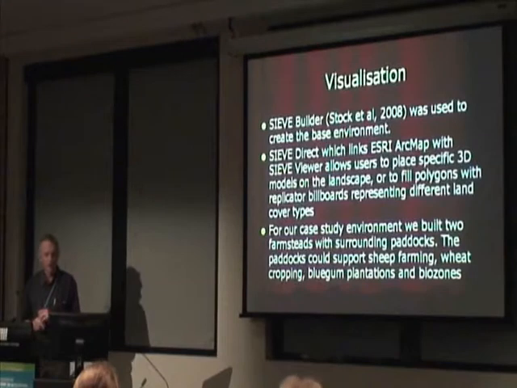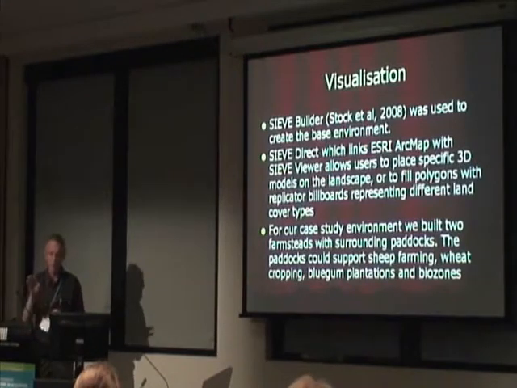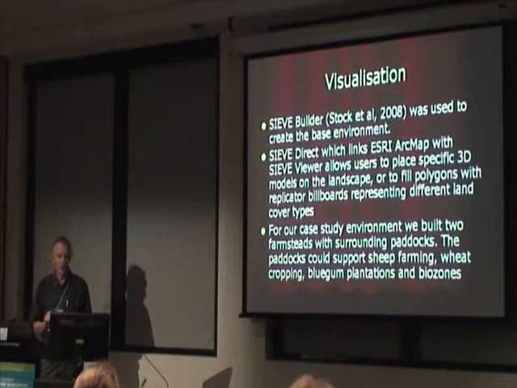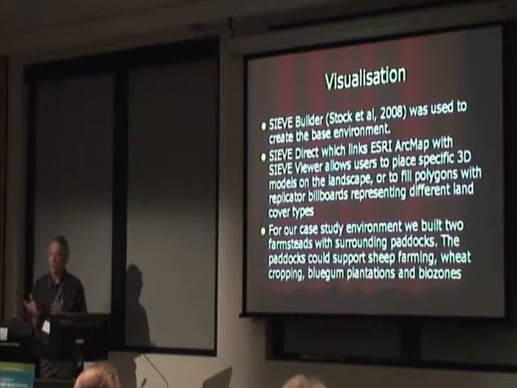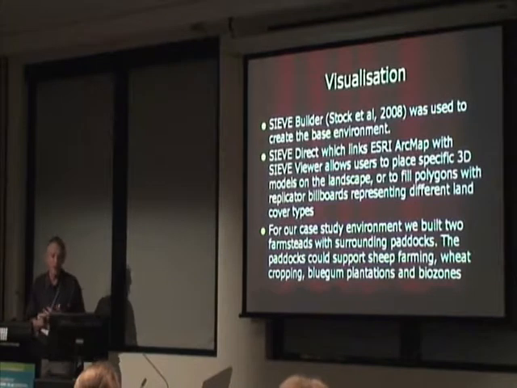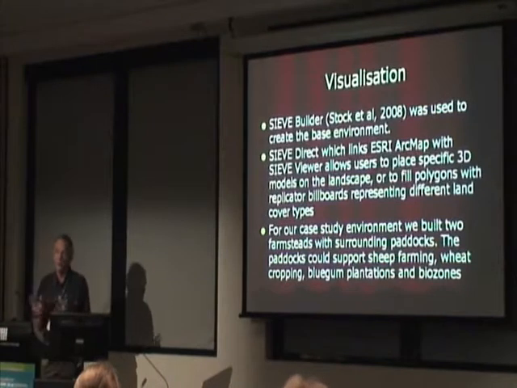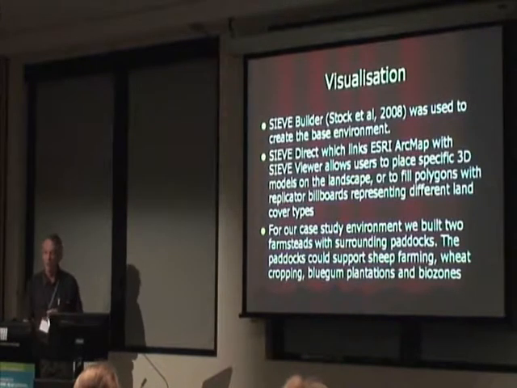So in that southwestern area, a slightly different farm from the one that Alec described, but in the same general area, we selected a small area of land, built 2 hypothetical farms with the surrounding paddocks, and said, well, these are going to support a range of activities such as sheep, wheat, blue gums, and also the use of biozones as a landscape remediation measure.